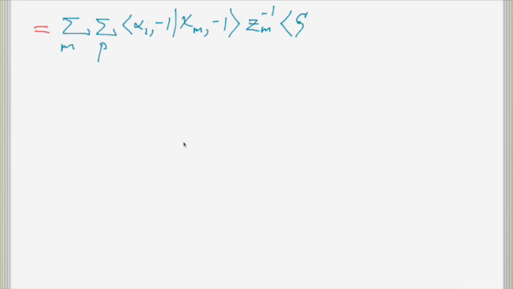So this is sum over M, sum over P, alpha I at -1, chi M at -1, Zm inverse, and then Zm at 0.